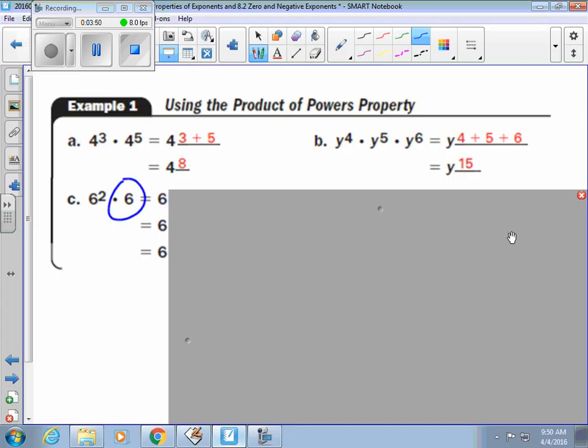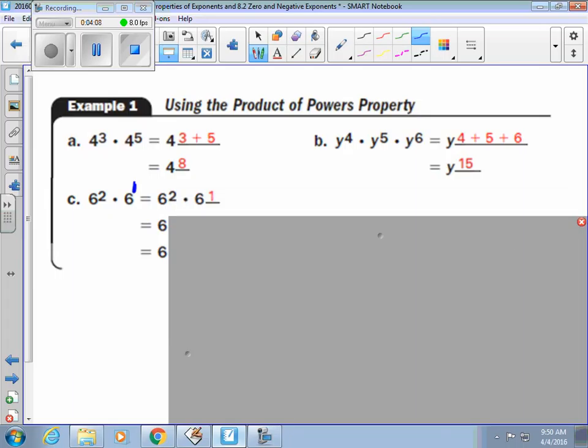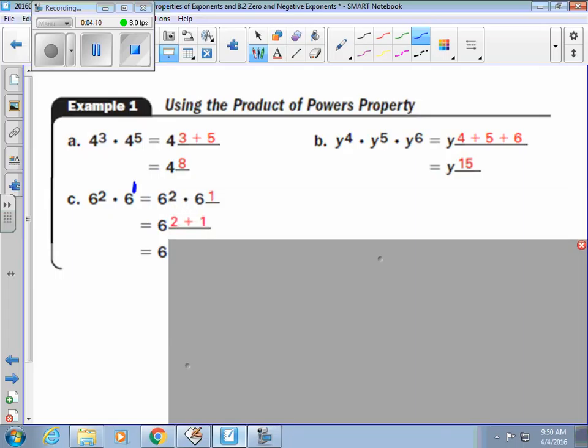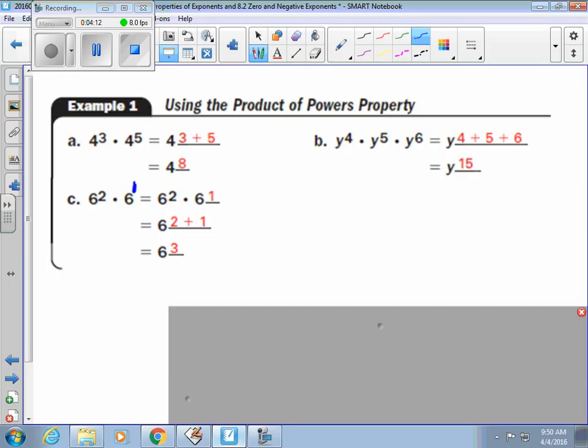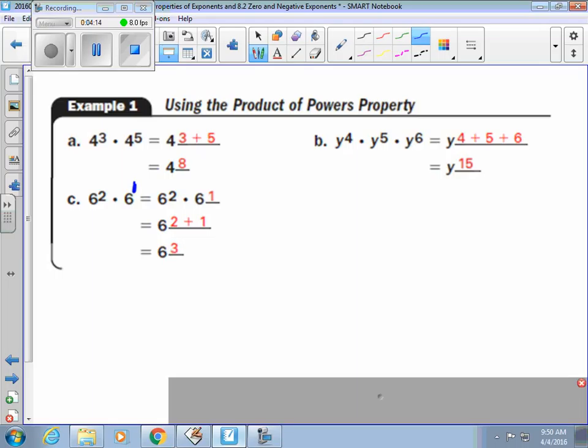You have to remember that that 6 is being raised to what power? The first power. So if you have to write it in, then do so. 6 squared times 6 to the first, where you don't forget to add 2 plus 1. 6 to the 2 plus 1 is 6 to the third. Simple.